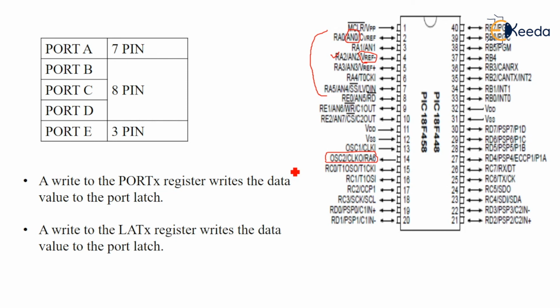If you want to read from the port, you read the level on the pin; if you want to read from the LAT register, the data is read from the port latch. So this is the difference between the port and latch. In port we can just observe the level of that port, whether it is high or low. In latch, the actual data is in the latch register.